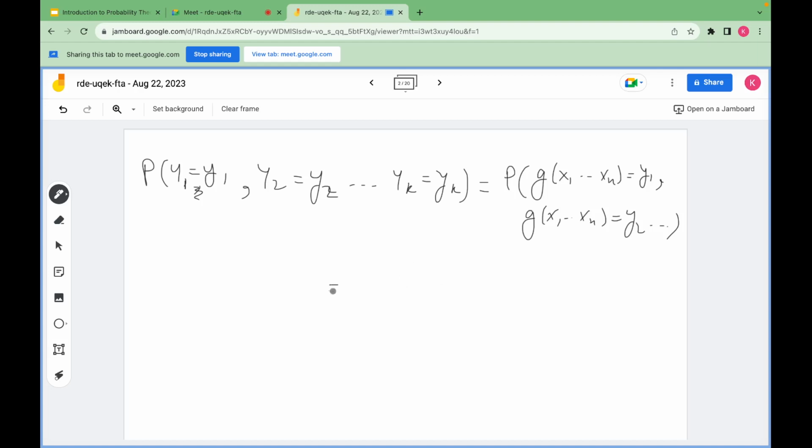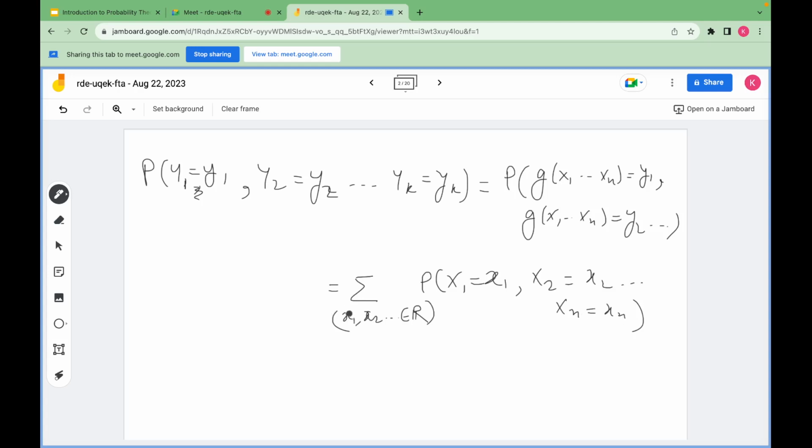So this is nothing but the summation, over all the known random variables x, of the probability that x1 is equal to small x1, x2 is equal to small x2, and so on, xn equal to small xn.